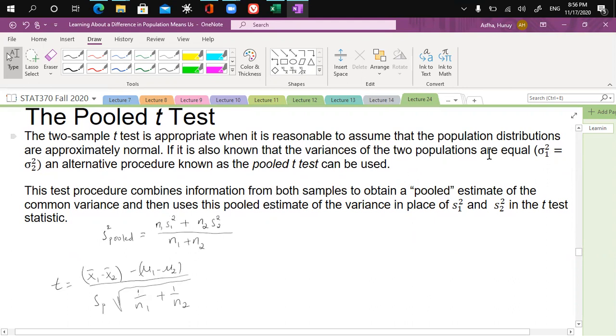Therefore, we find a common estimator to sigma 1 square and sigma 2 square, and that's what we call S square pooled. So S pooled square is n1 times s1 square plus n2 times s2 square over n1 plus n2.